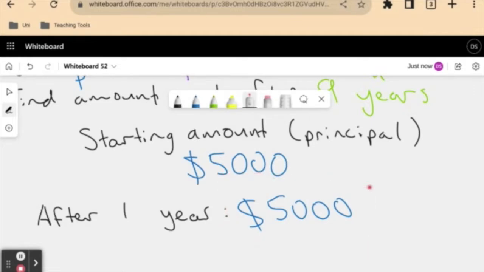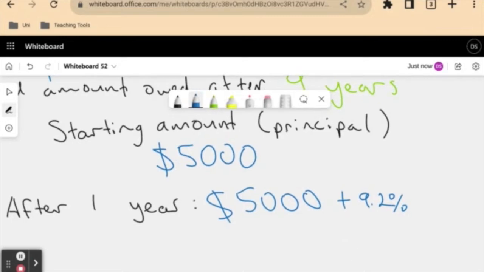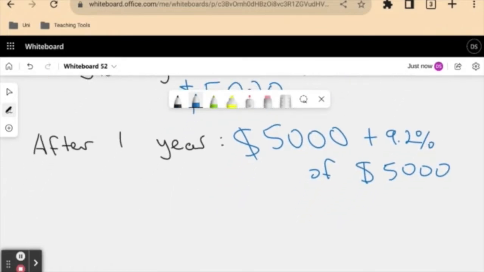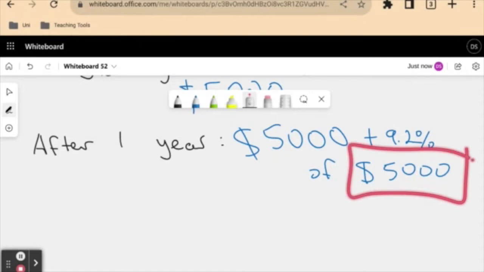So this is getting added to 9.2% of 5,000. So we still have our starting amount, and this is important to note. We have our starting amount plus our rate, and our rate as a percentage of this amount.